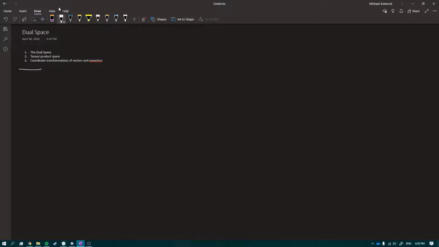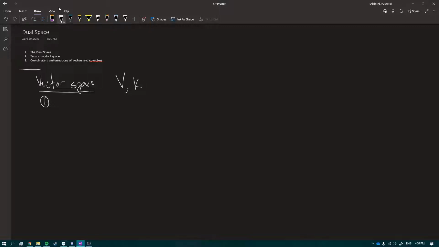Suppose you have a vector space. So let me remind you of what a vector space is. A vector space is closed under scalar multiplication. So a vector space, I'll call it V, and it always has associated with it a scalar field.